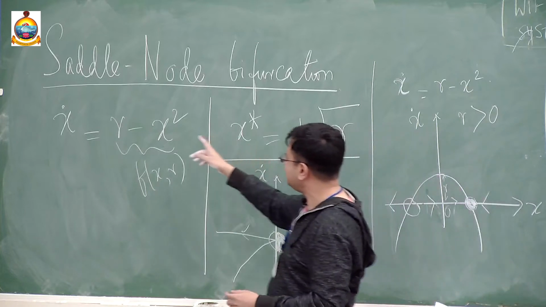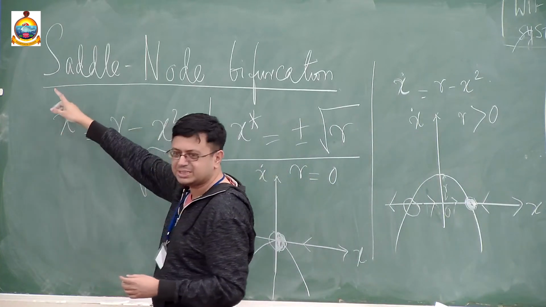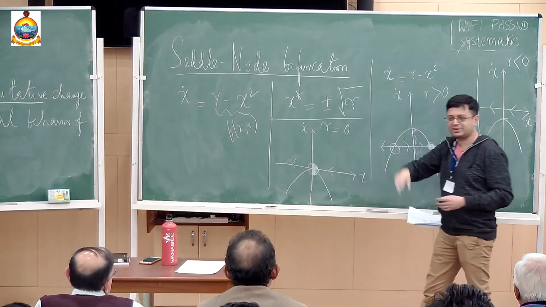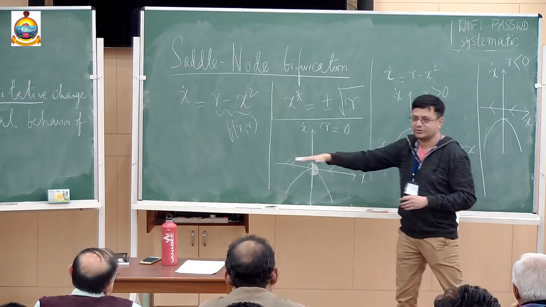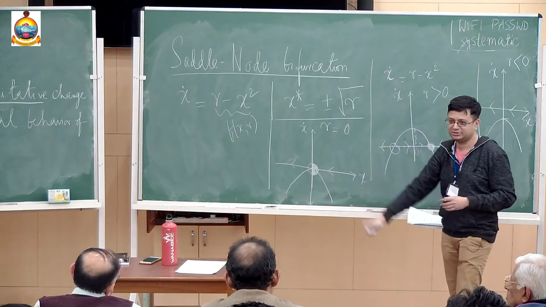Okay, so it would not be clear why such a bifurcation is called a saddle. In 1D it's difficult, there is no saddle. Saddle means there is one direction in which you flow towards and another direction in which you flow away.